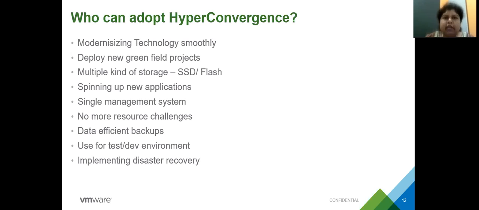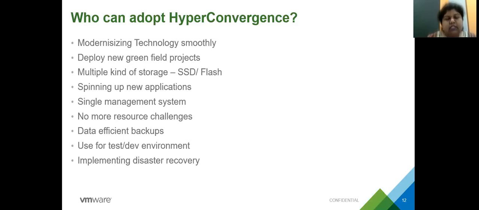So if your environment is looking for a little bit of high performance, a little bit of SSD as well, because sometimes you just want to store data, like backup or something, you don't want all flash in that case. You just want the data stored somewhere protected. So for that, you can say, I don't want flash, just give me SSD. Or it can be a tier 1 application that you are trying to deploy.